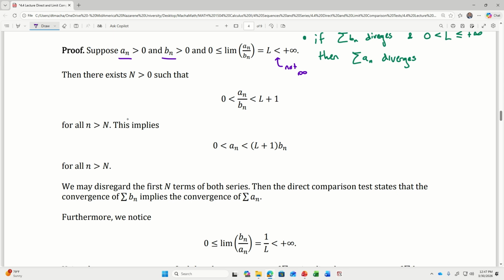If I take all three terms in this inequality and multiply everything by bn, then I get this inequality.